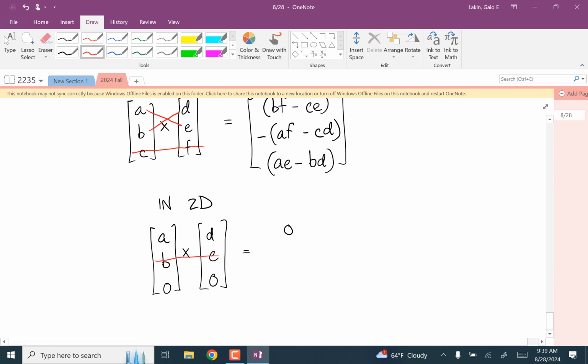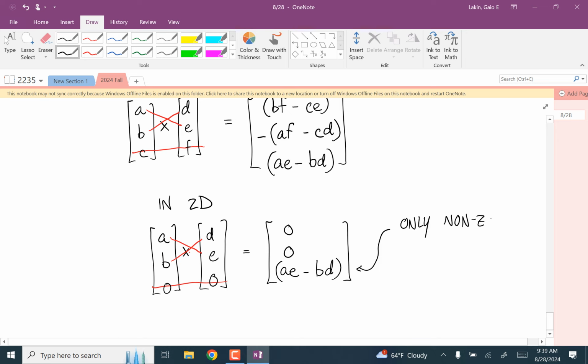The y component, cross this out. Again, you have 0 minus 0. And the only non-zero one you have is a times e minus b times d. So we're going to do a lot of 2D problems, and those are not too bad to do by hand. You only have a non-zero z component.